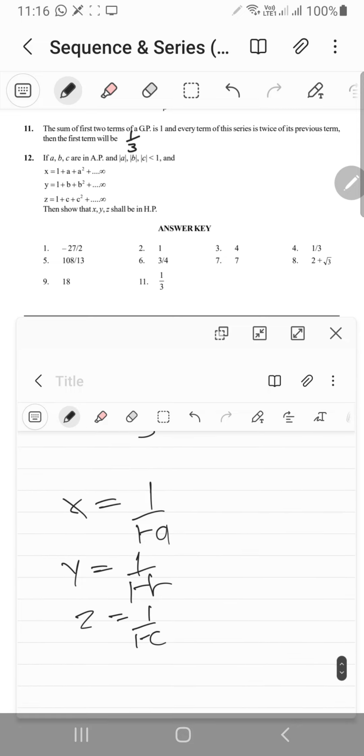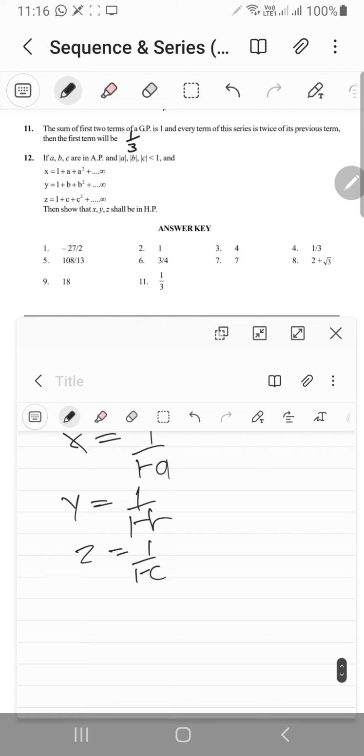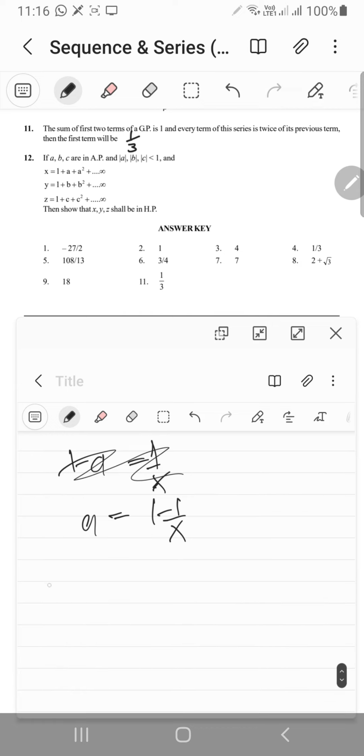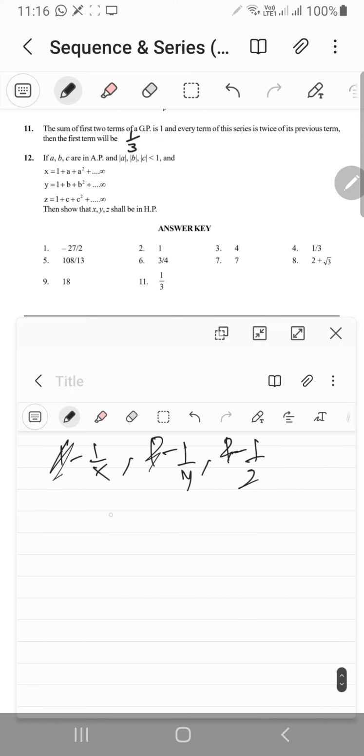Right, using the formula which is derived, 1 minus a equal to 1 upon x, so that just gives us a equal to 1 minus 1 upon x. But a, b, c are in AP, that means 1 minus 1 upon x, 1 minus 1 upon y, 1 minus 1 upon z are in AP as well, but you can cancel these ones out because the difference still remains the same, and then multiply each term by -1.